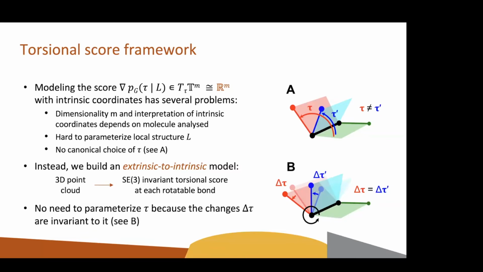One of the reasons for this is that it's hard to parameterize the local structures L. We don't have a visualization showing this right now, but essentially you have degrees of freedom in L that are constrained, and it's hard to have a non-arbitrary parameterization of the manifold that satisfies those constraints. That's the issue with parameterizing L and feeding it to the score model.